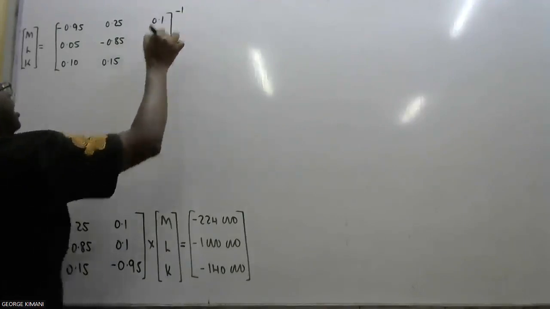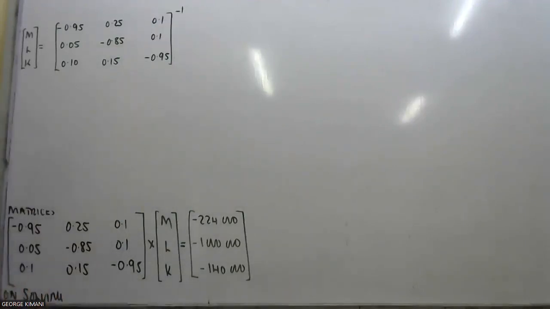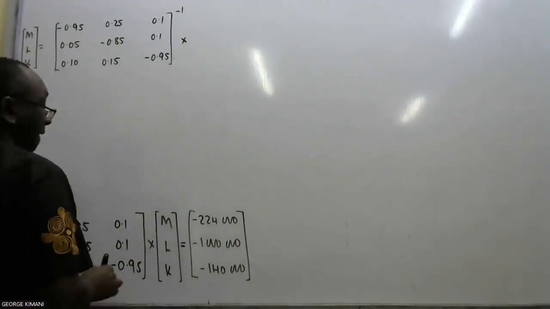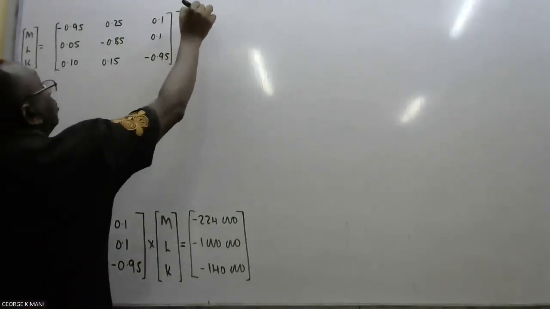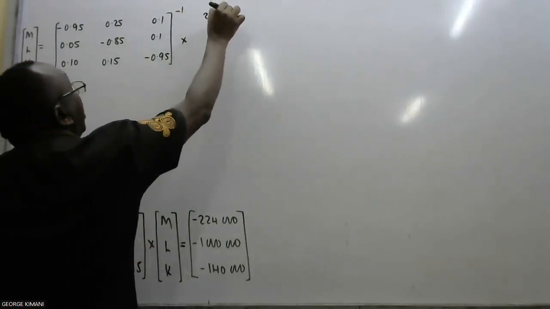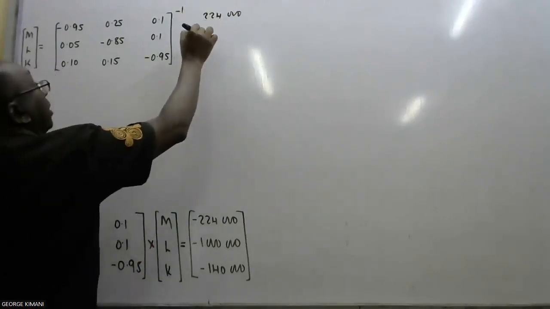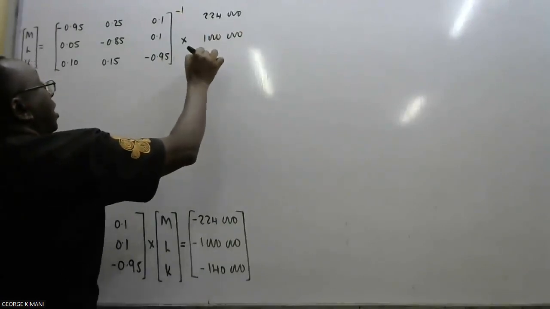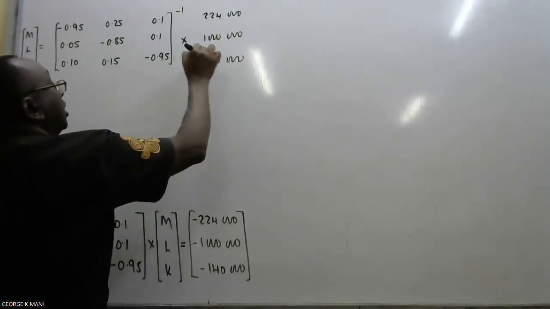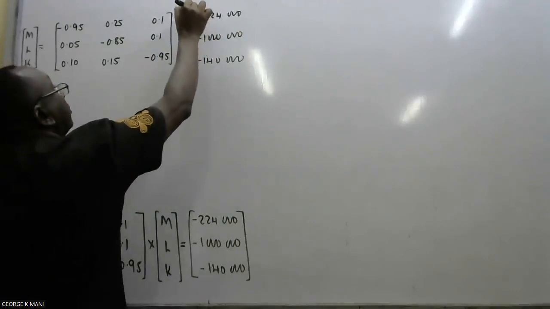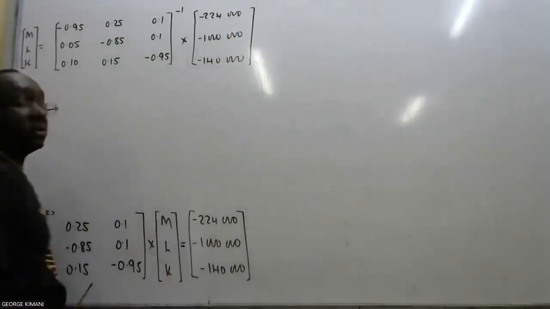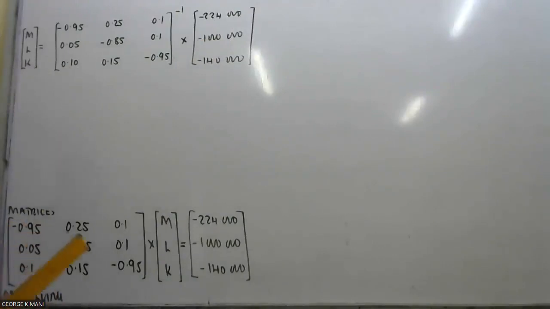Now this is coming in as inverse. Come and multiply 224,000, 1 million, and 140, and these are negatives.